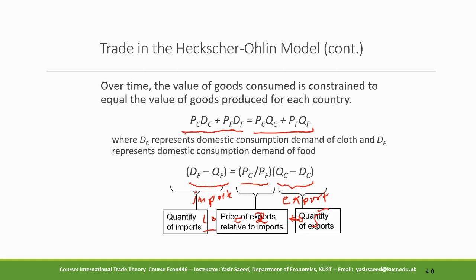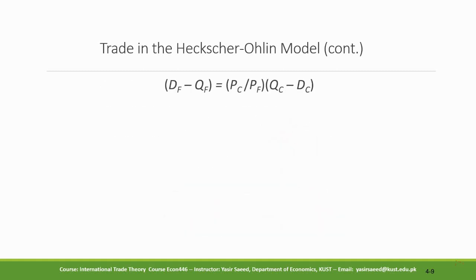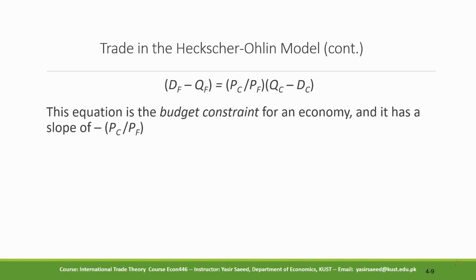You see, this equation is the budget constraint for the economy. This is a linear equation. For example, y is equal to bx, where b is the slope, x is the x-axis variable, y is the y-axis variable, plus, if you want to add a constant, that is 0 in our case.